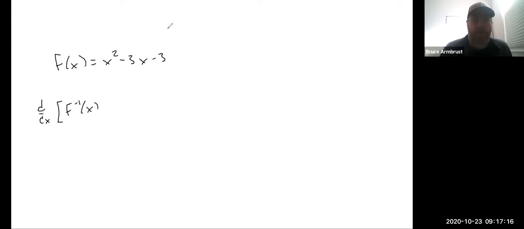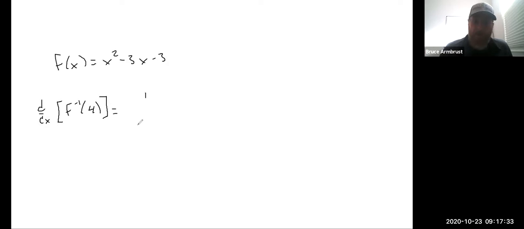Okay, so we have f of x equals x squared minus 3x minus 3. What we're trying to find is, I know they wrote it as d/dy, but I'm going to write it like this, except we were told a number: we want to find the derivative of the inverse at 4.